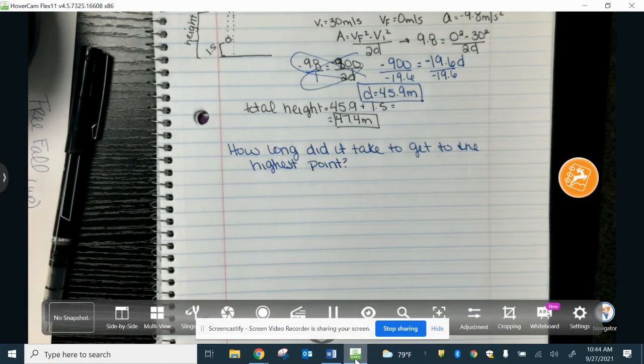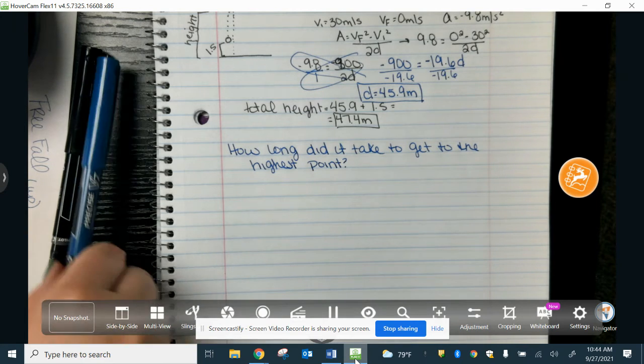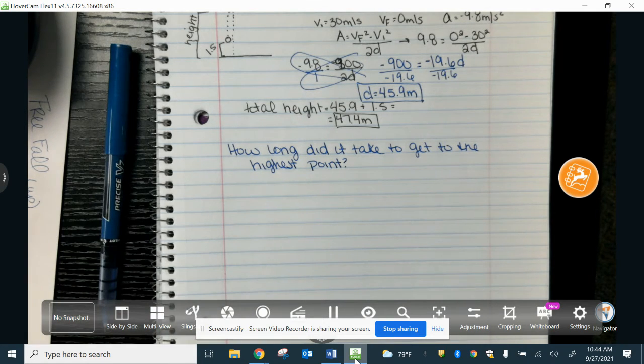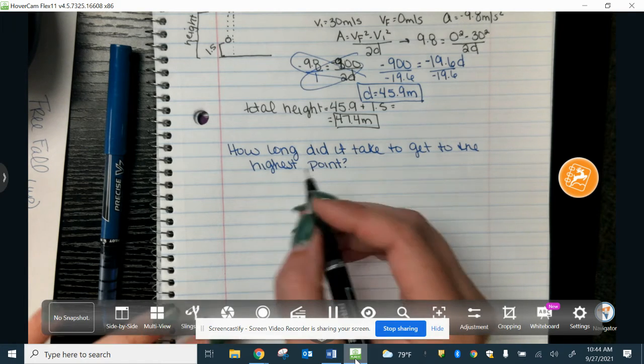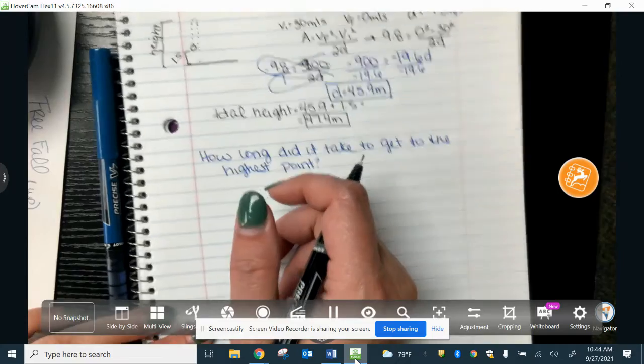So then we can solve for how long did it take to get to the highest point. We could use either one of our acceleration equations with time in it. The one I'm using is just because I always worry if I got the first part wrong, I don't want to use that answer if I don't have to, just in case. But they should always give you the same answer.